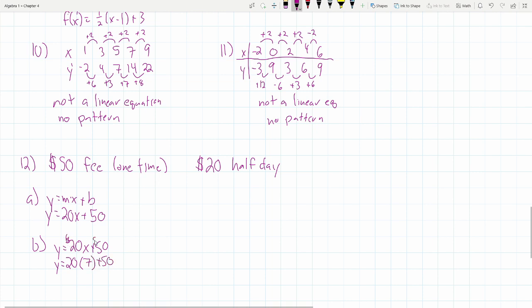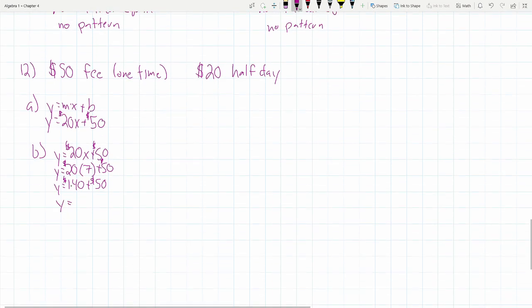There's actually dollar signs on all of these. And so I go y equals 20 times 7 is $140 plus the $50 first time or registration fee. So y equals $190.